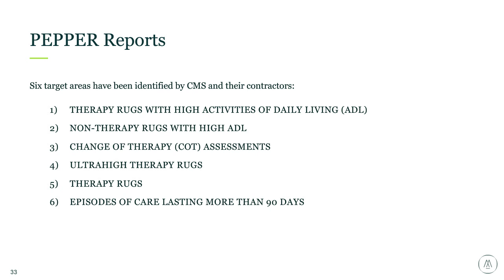And then the last point is really important, those episodes of care that are lasting more than 90 days. You're getting toward the end of the beneficiary's coverage period, and really targeting some of those items where it doesn't appear as though an individual is getting better, and really understanding what that is and why can be a key part of your risk assessment.